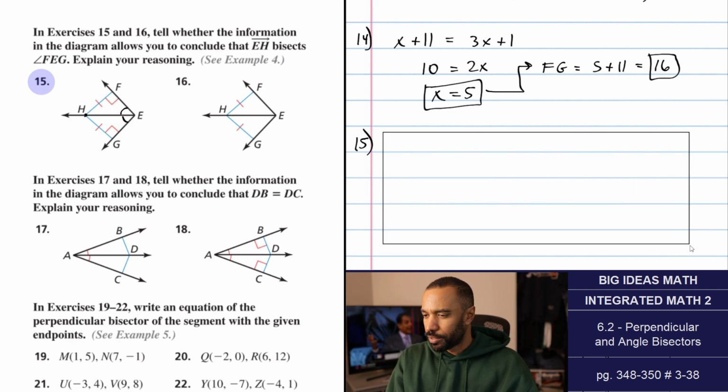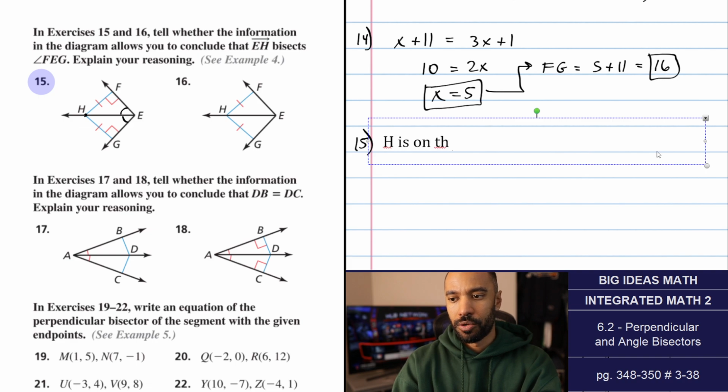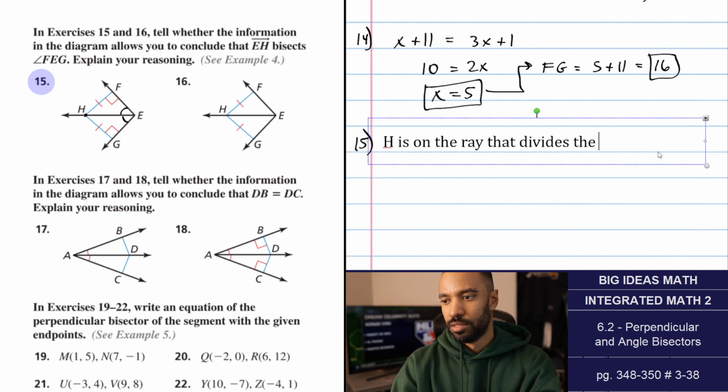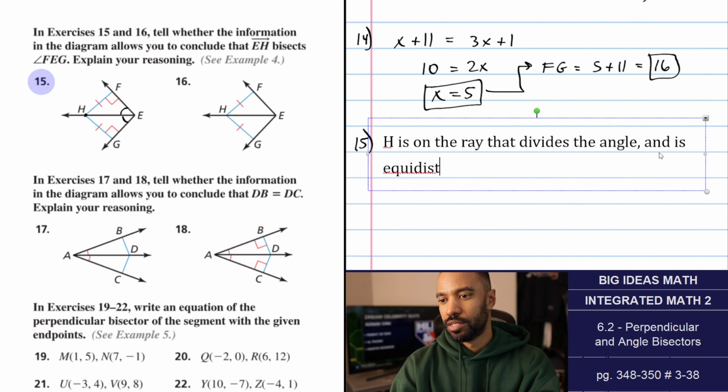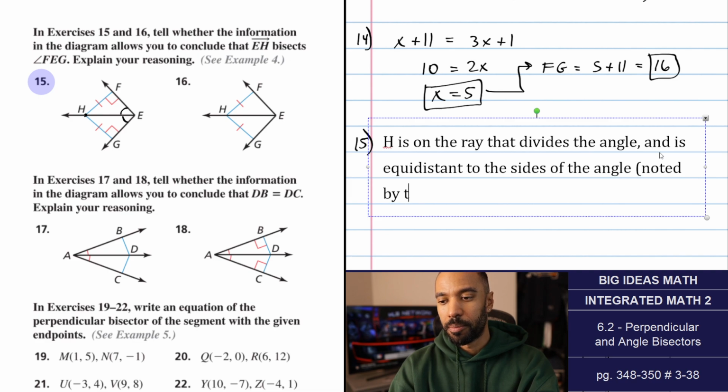So that's how I'm going to choose to write it. H is on the ray that divides the angle and is equidistant to the sides of the angle, noted by, this is important, noted by the perpendicular symbols.